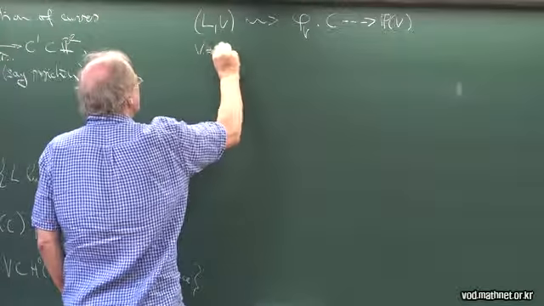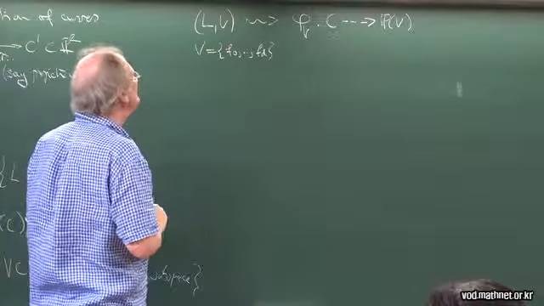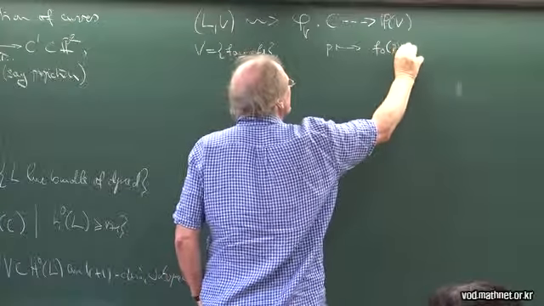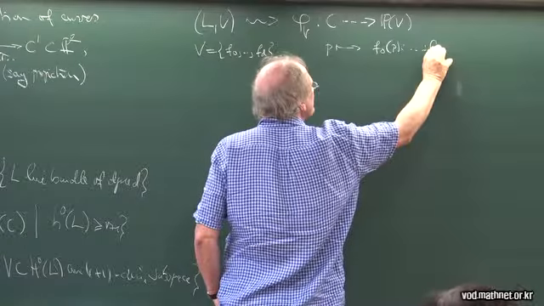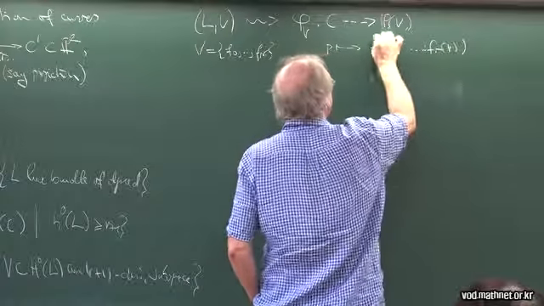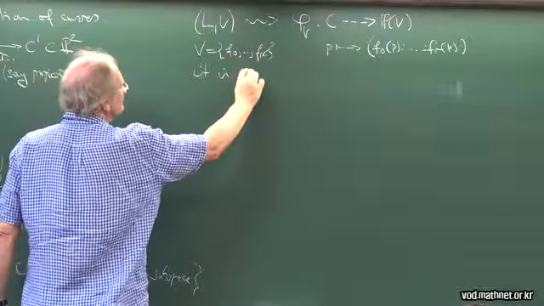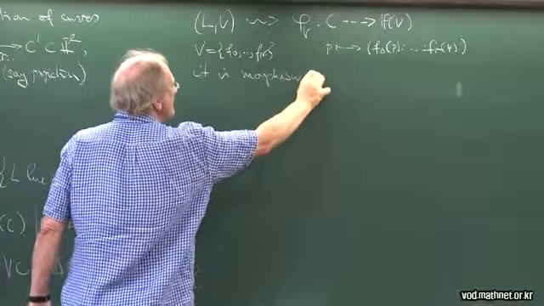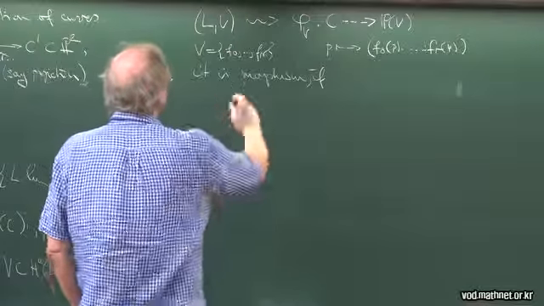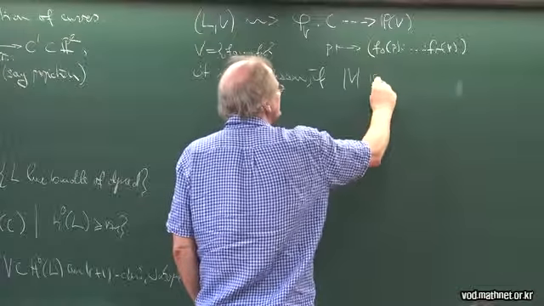V maybe has a basis f0 up to fr. Then we send a point P to the ratio f0 of P up to fr of P. It is a morphism, sorry, not an embedding, a morphism, if the linear system V is base point free.